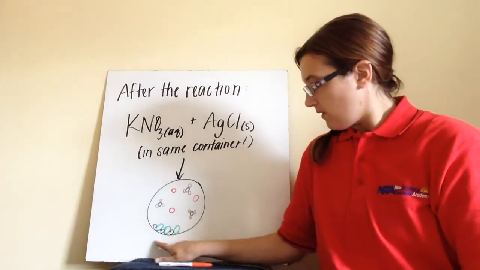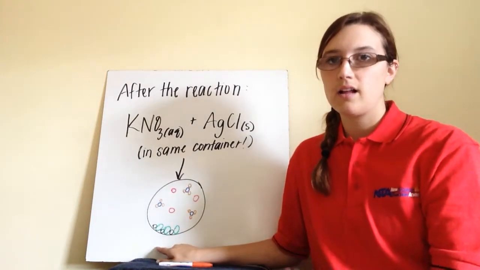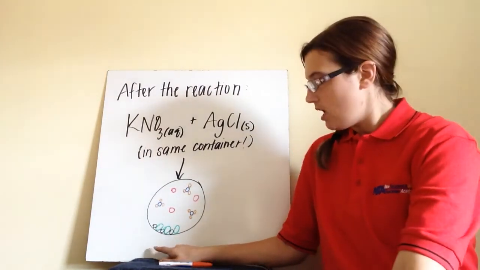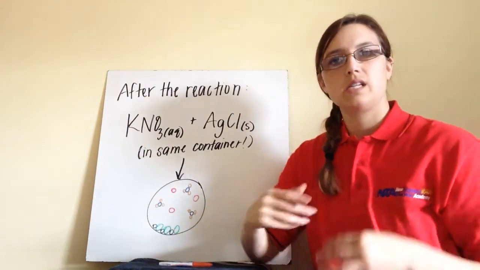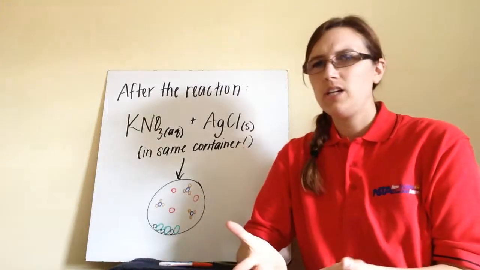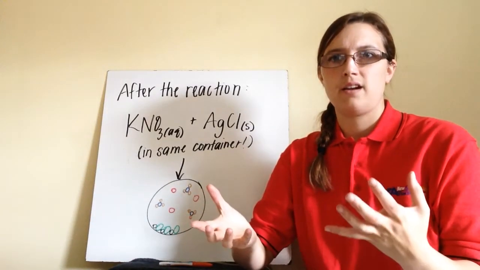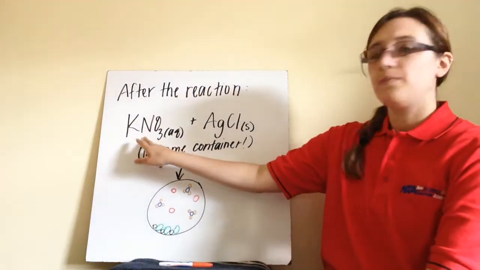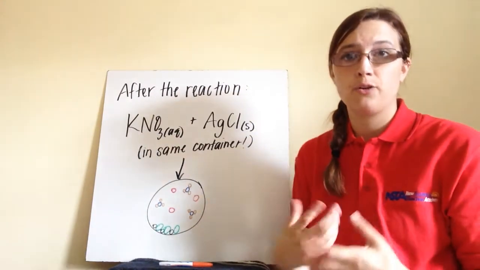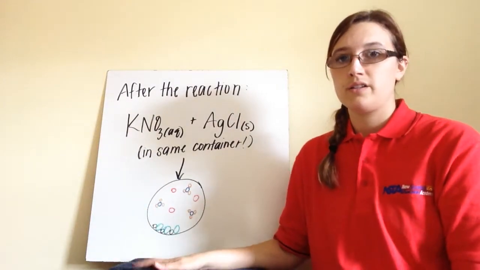Okay? They came together because this is our solid. You have to represent a solid in a particle diagram. But then notice that you still have these ions floating around in solution. Well, why do you have the K+ and the NO3- ions separated again? Well, they're soluble. They're a soluble salt, they're a strong electrolyte, they're what are floating around in solution.